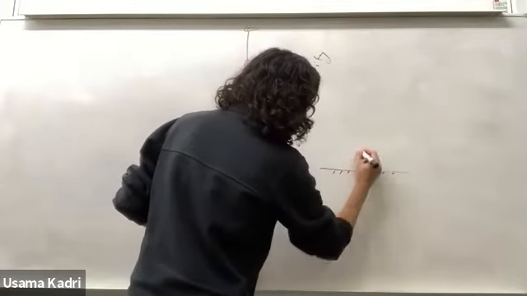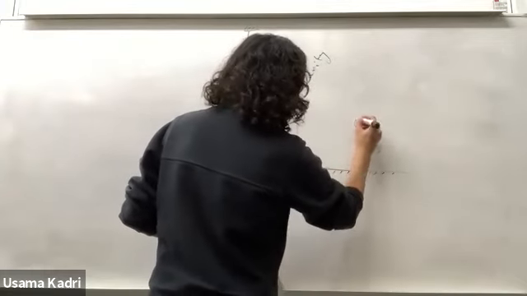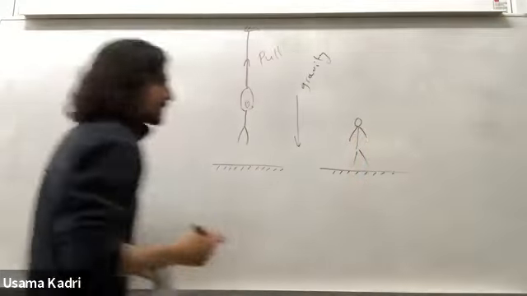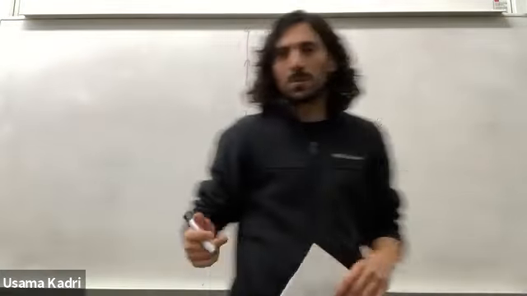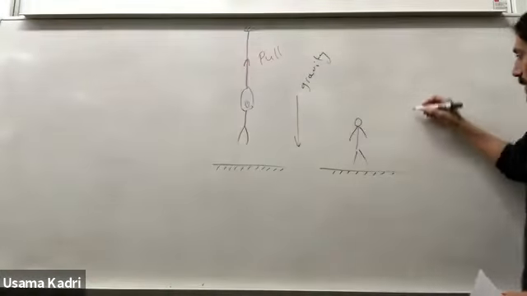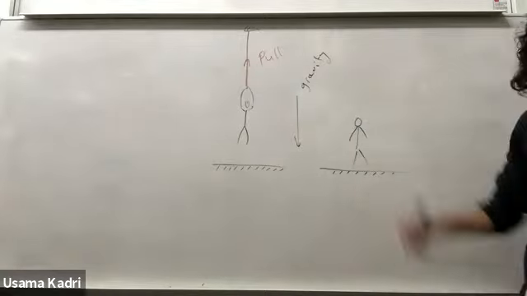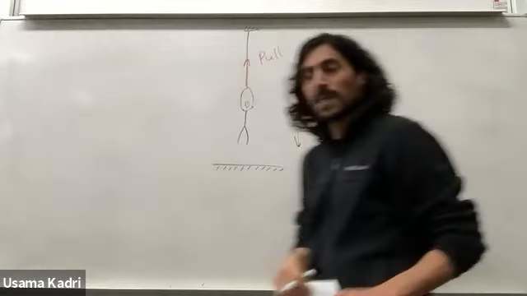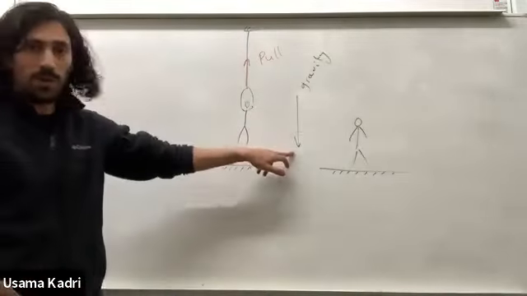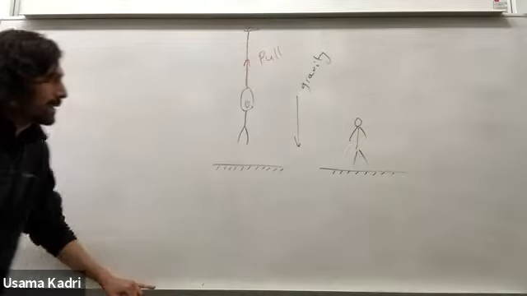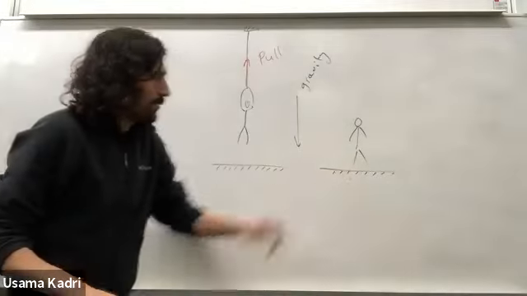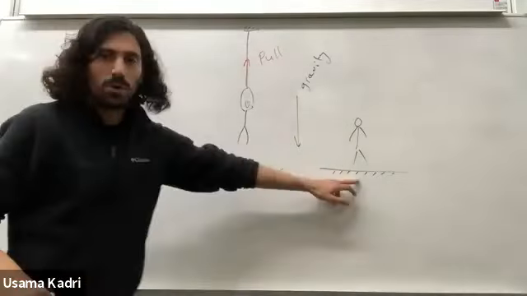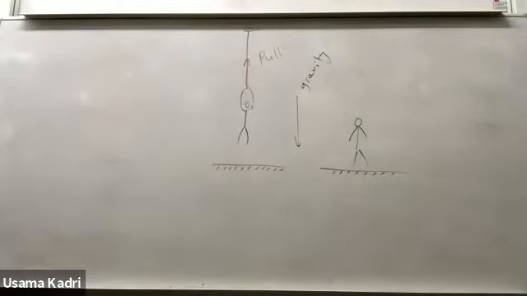Now imagine that you're just standing here, and I ask you, where's gravity? And you say, well, it's always in that direction, downwards. I ask you, where do you feel gravity? You say, I also feel it downwards. And then I ask you about the floor. Do you feel a pull or a push in the floor? Say, well, I feel a push now.